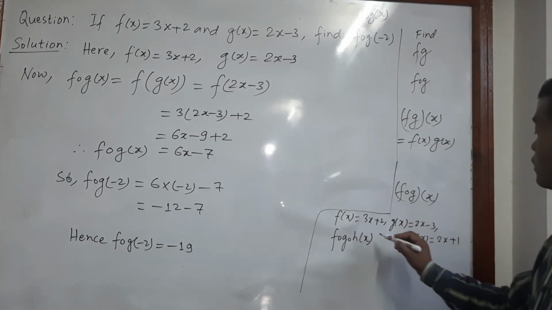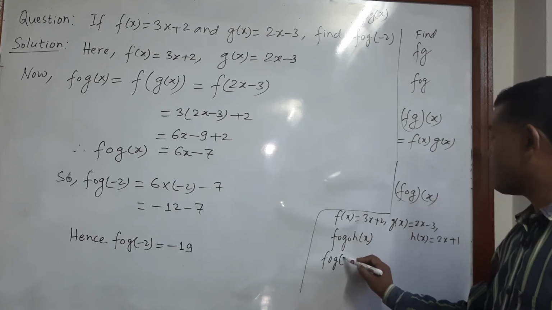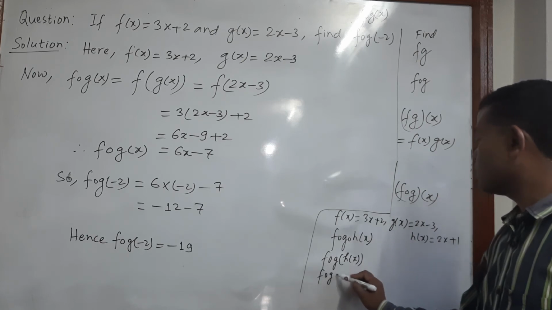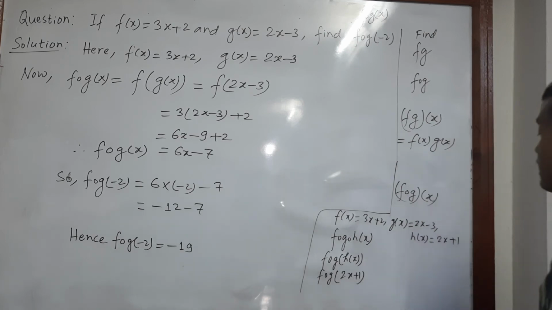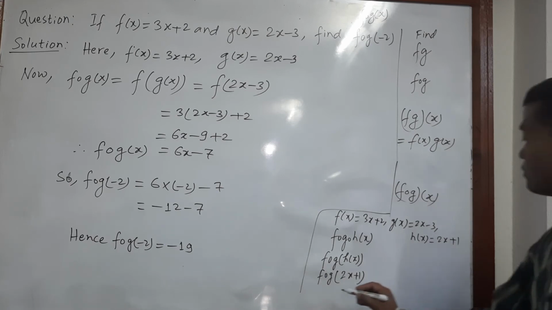Then also the process will be the same. Here we write f of g of h(x), and h(x) is 2x plus 1, so in place of x we have 2x plus 1.